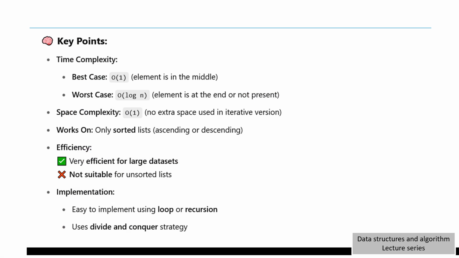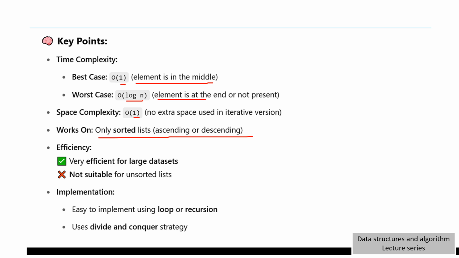Key points in binary search. Time complexity: the best case is 1, where the element is found in the middle itself. The worst case is log n, where the element is at the end or not present at all. Space complexity is 1 as no extra space is used. It works only on sorted lists.